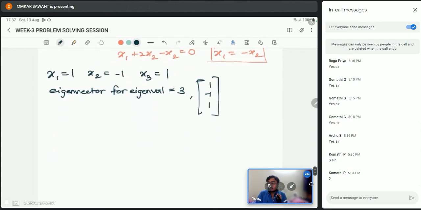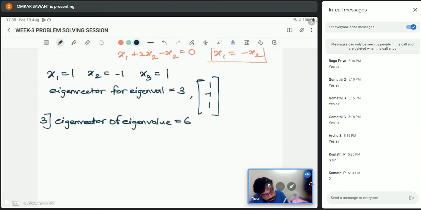Now I want the eigenvector for eigenvalue 6 from you. I will be doing it simultaneously, but I want the answer from you. Please calculate the eigenvector for eigenvalue 6 and tell me the answer.